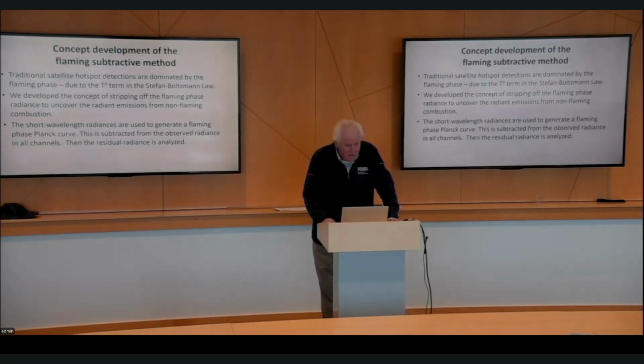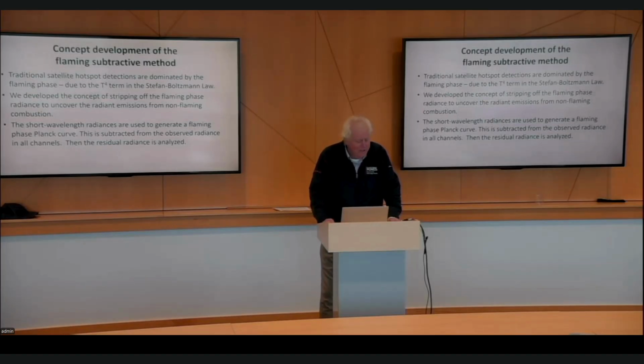Okay, so based on those observations, we developed a concept for a flaming subtractive method to strip off the flaming phase radiances and then analyze the residual. The reason we were driven towards this analysis is that traditional satellite hotspots are dominated by the flaming phase.